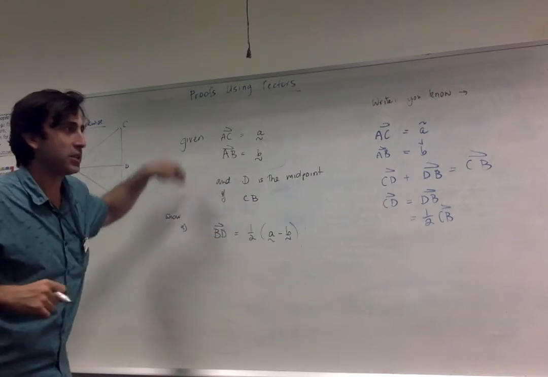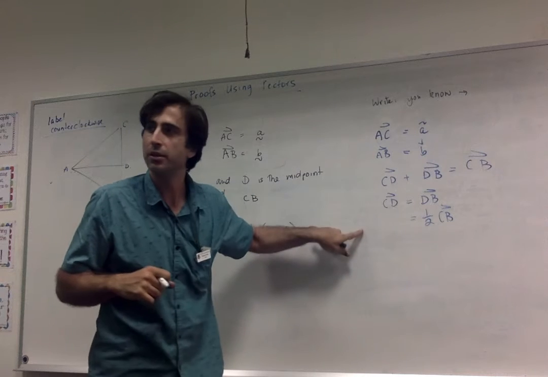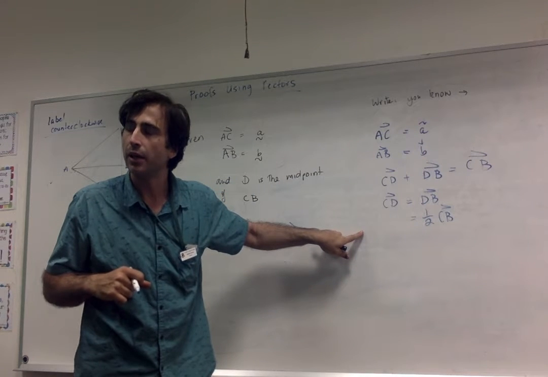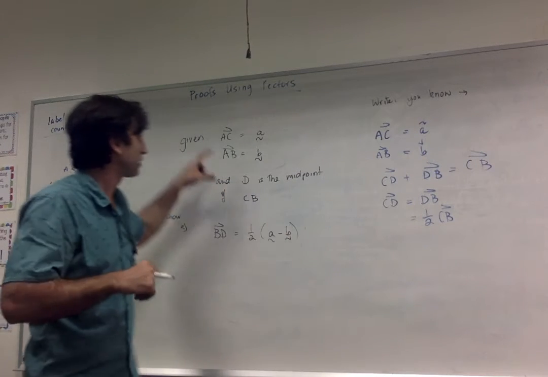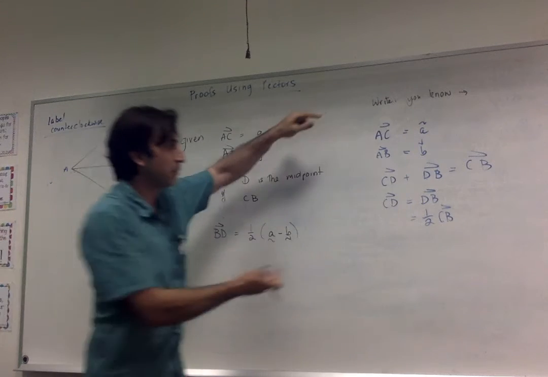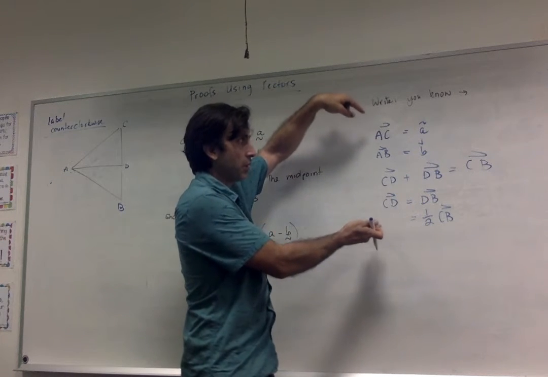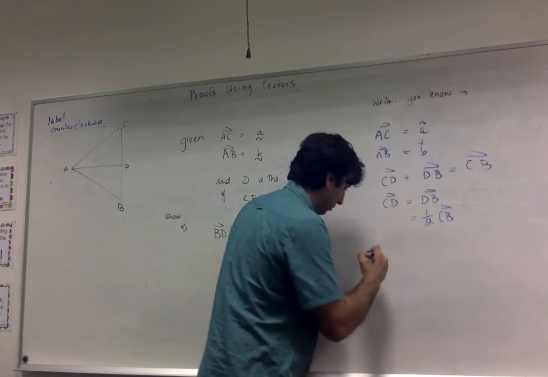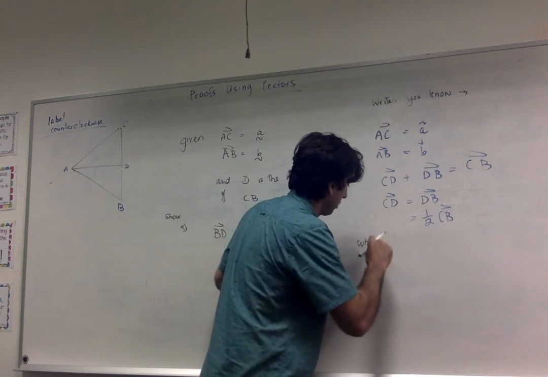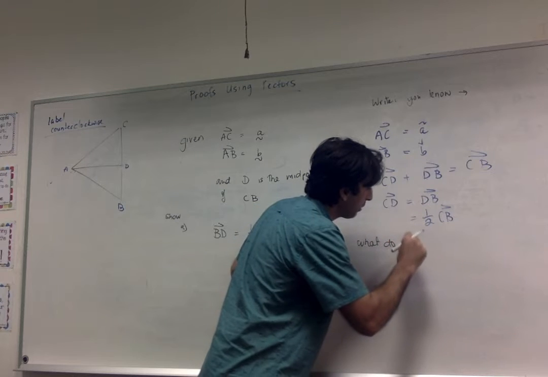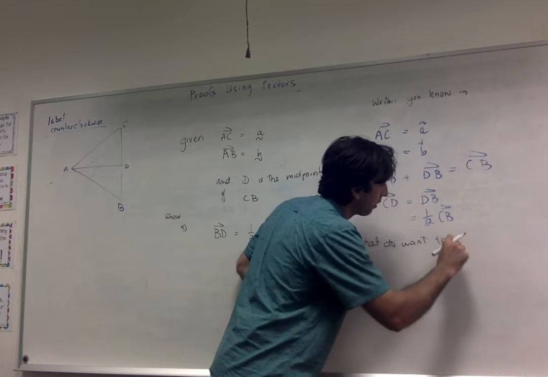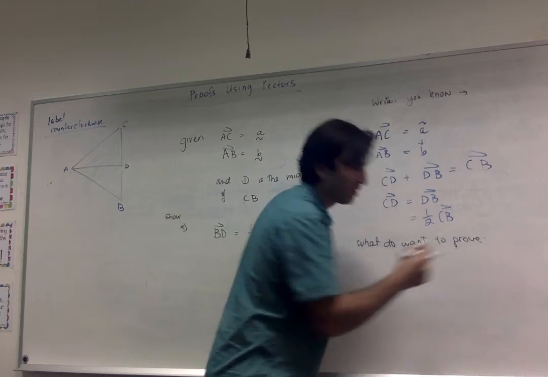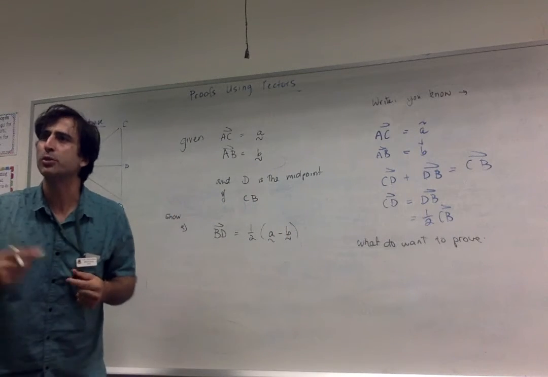So there's a lot of information in here that we can express through vectors that we otherwise would just sort of take for granted. And in my opinion, this is almost as hard as then saying, well, what do we want to prove? What's our issue? What are we trying to actually say?